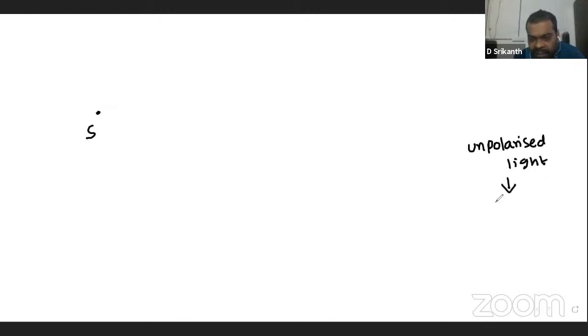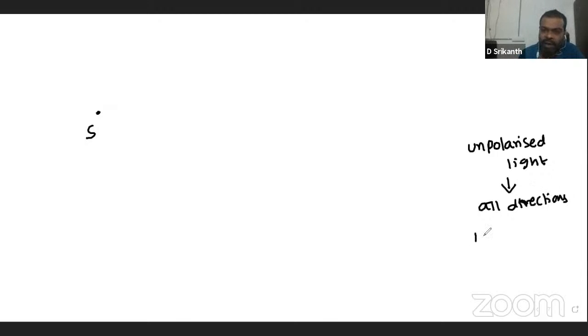For this we have two devices. Suppose I have a source which can travel in all directions. If a light ray can travel in all directions, we call it unpolarized light. Unpolarized light means it will travel in all directions.